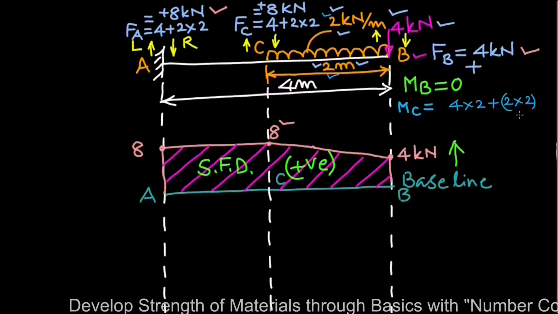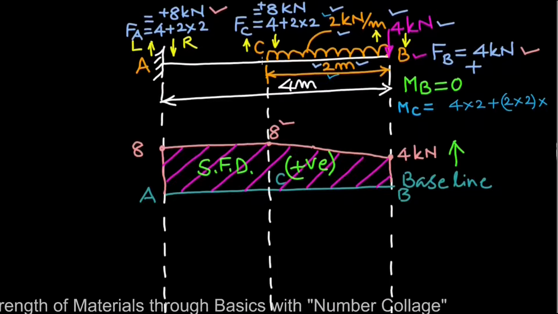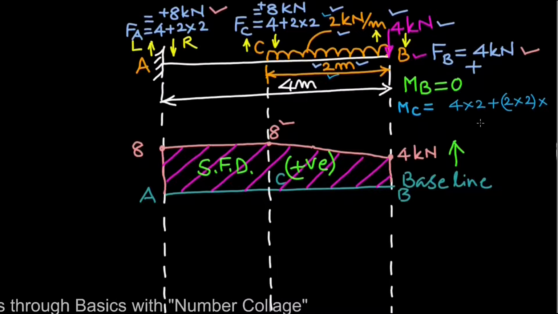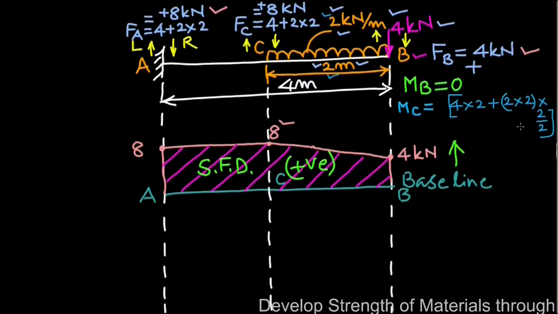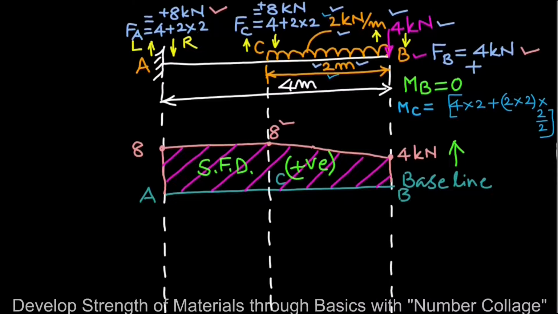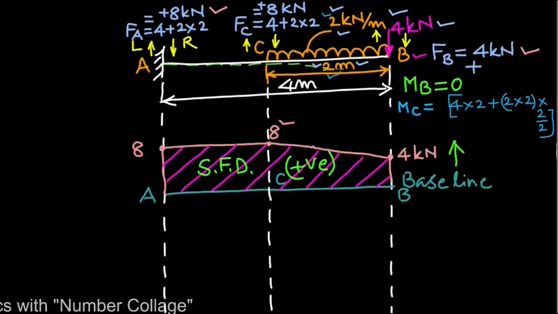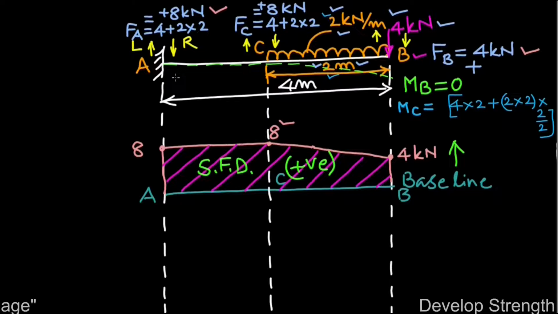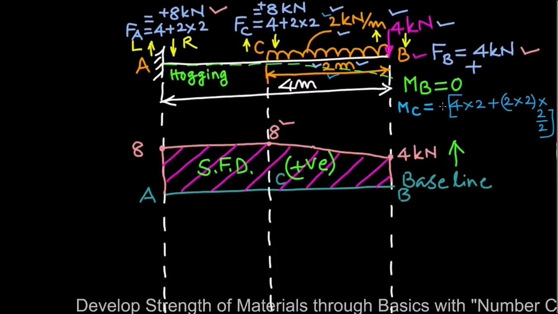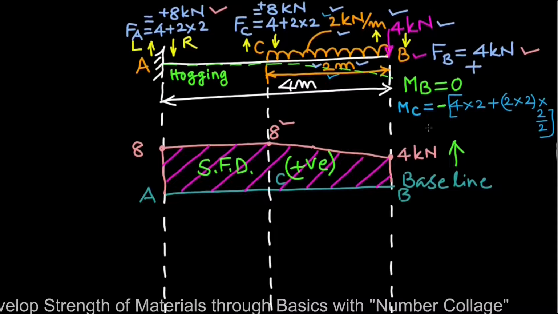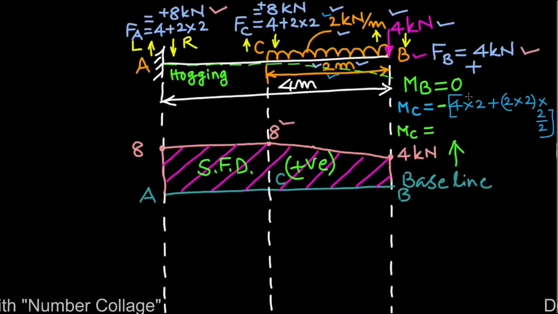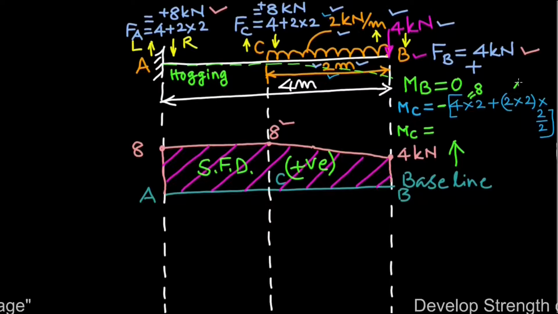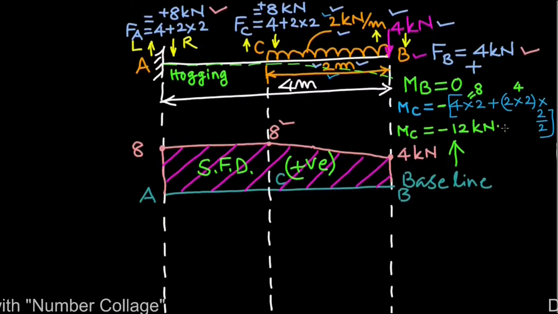So this will be the load multiplied by length of moment arm from point C to the midspan of 2 meter, which will be 2 upon 2. And since this loading is going to cause bending of this cantilever in the downward direction like this, bending moment is going to be hogging, hence it's going to be minus. So the calculation gives us bending moment at point C equals, this will be 8, this will be 4 and this will be 1. So 8 plus 4, that is minus 12 kilonewton meter.